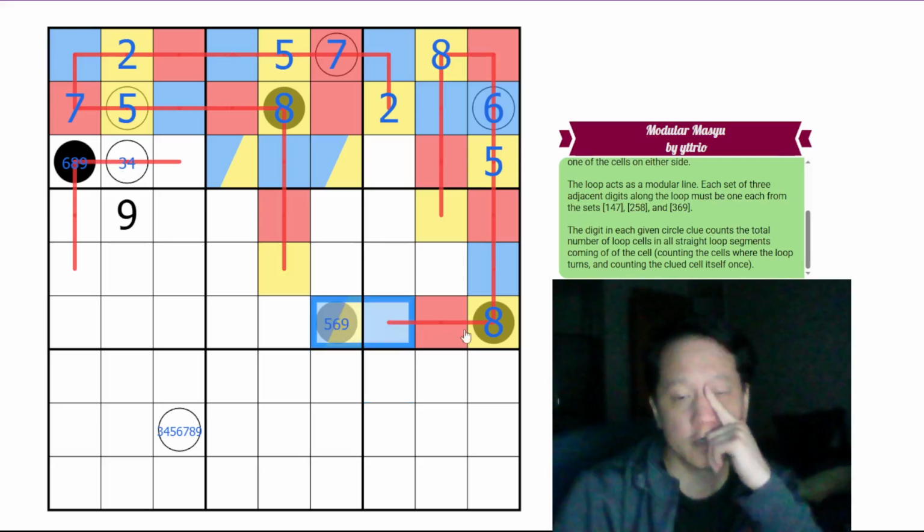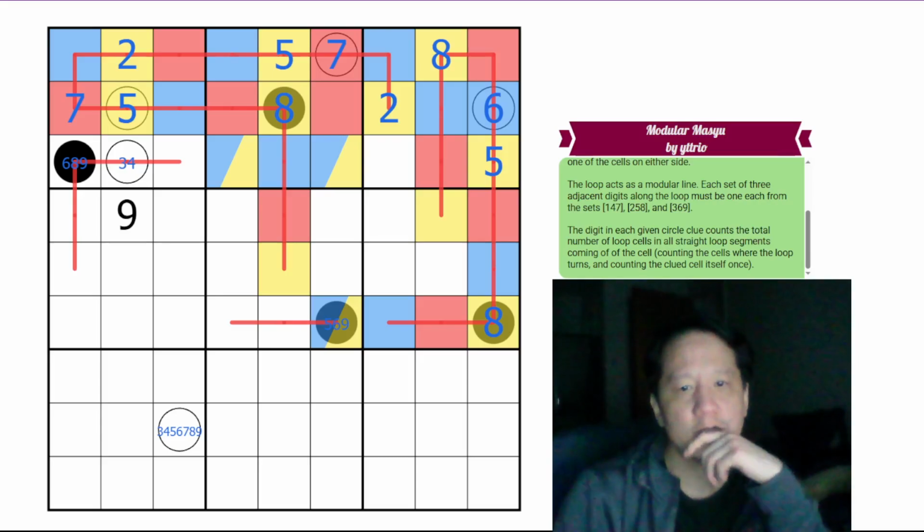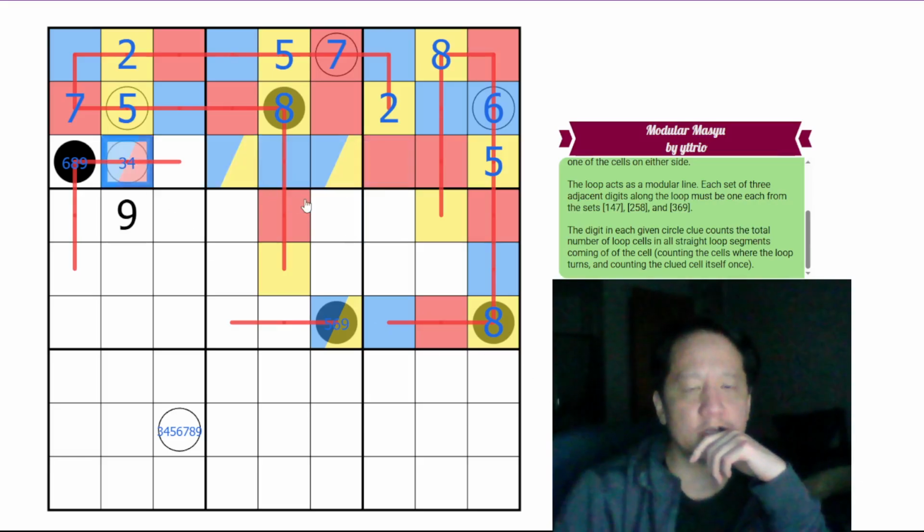Cannot turn to here because then this would be 9. So this has to turn from here. This is red here. This is blue or red here.